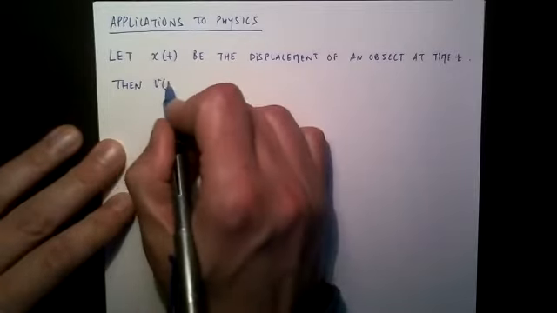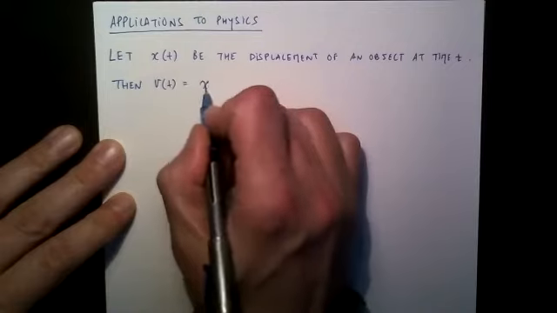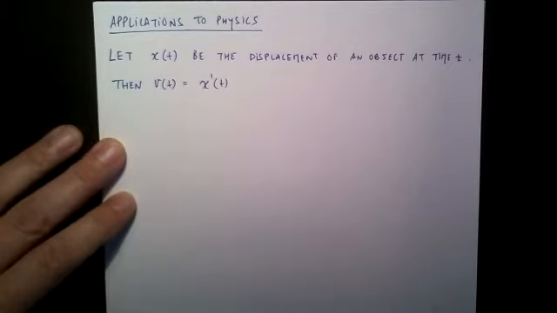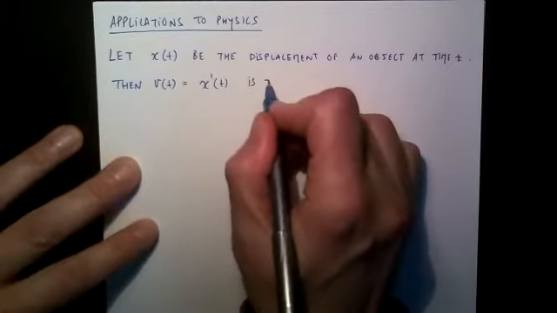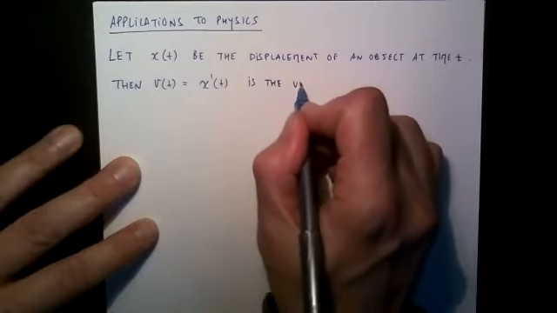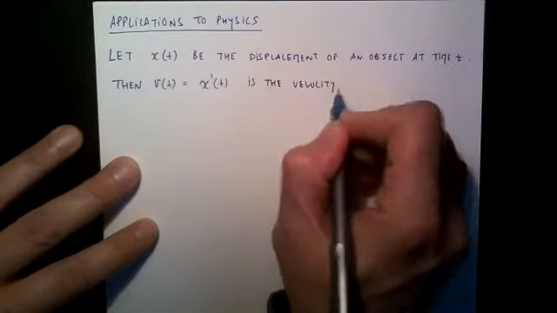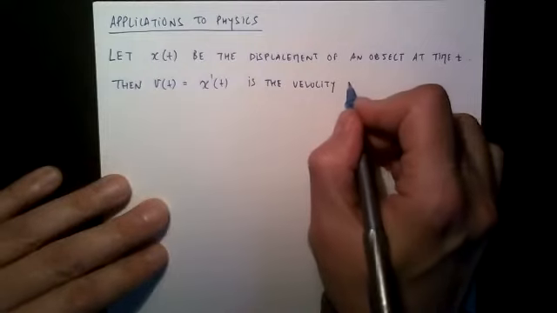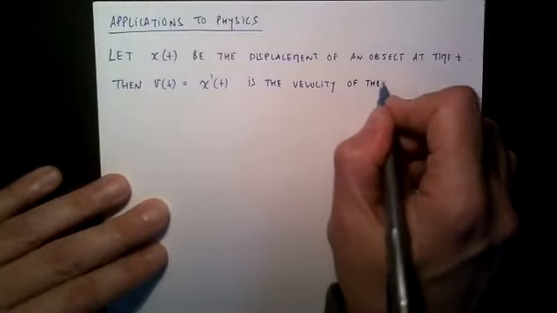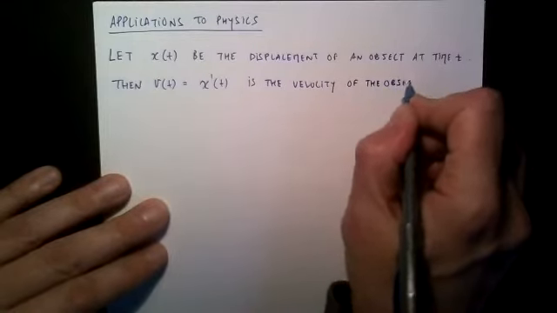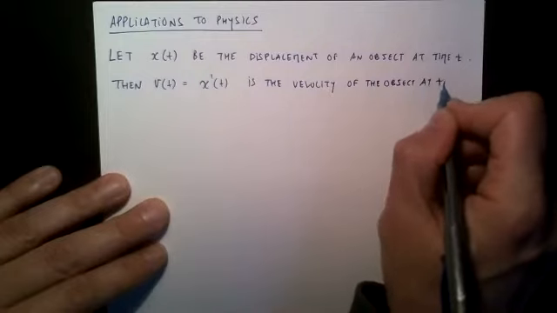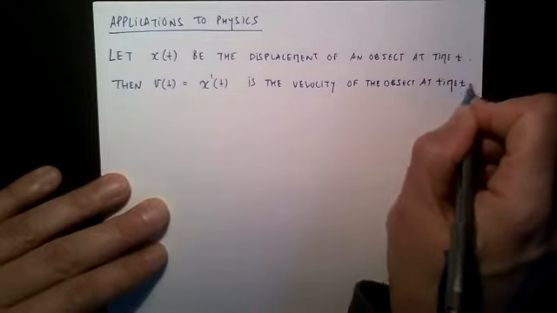v of t, which is x prime of t, is the velocity of the object at time t.